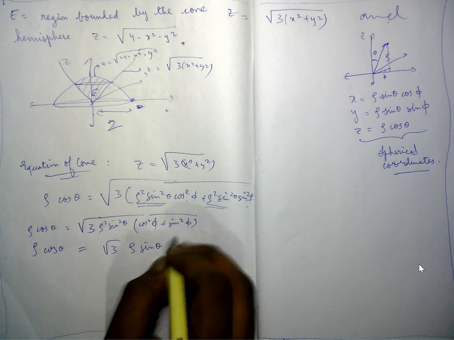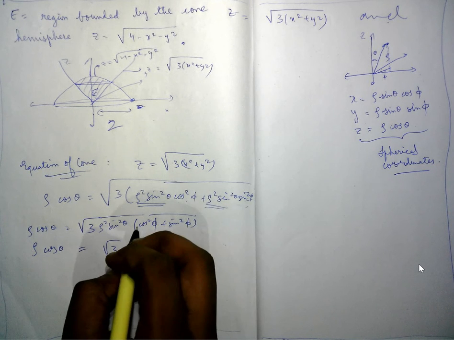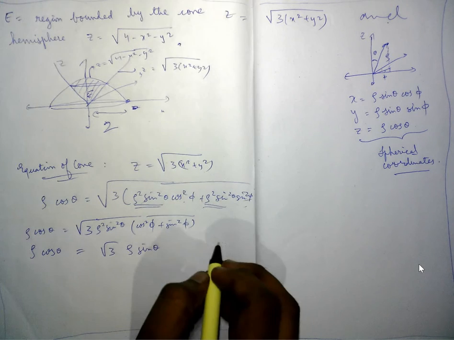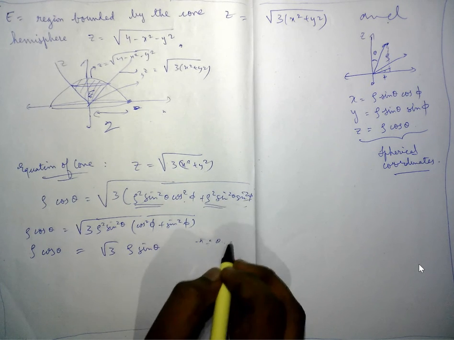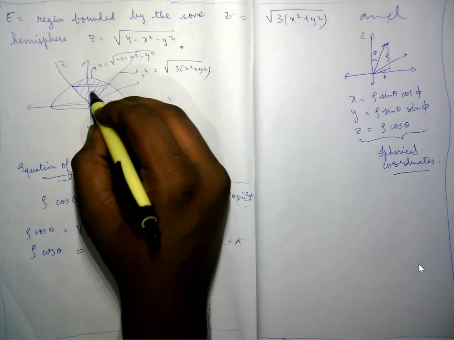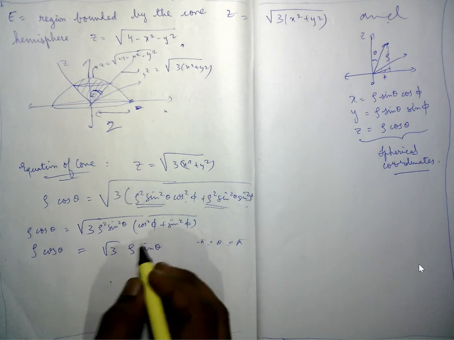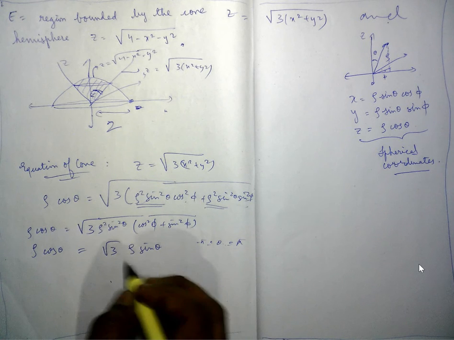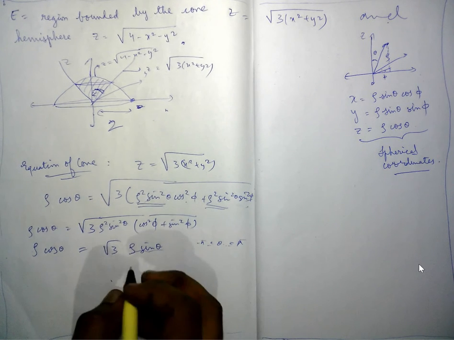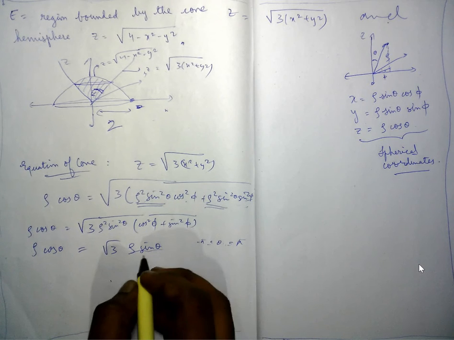I need to put a modulus here, but sin theta will always be positive since theta is between 0 and pi, which is this angle from the z axis. Also rho is always positive, so this term is essentially positive, so no need to put a minus sign here.